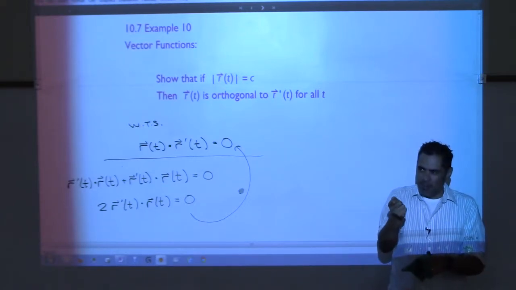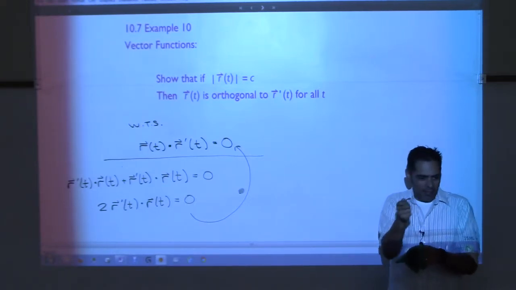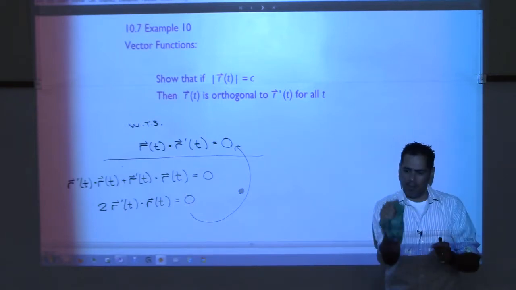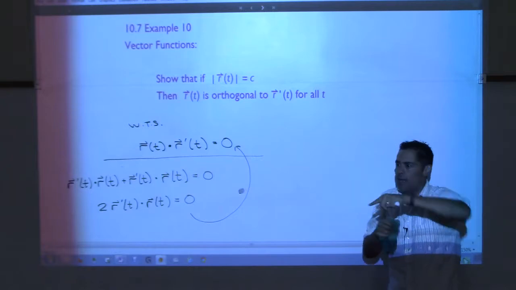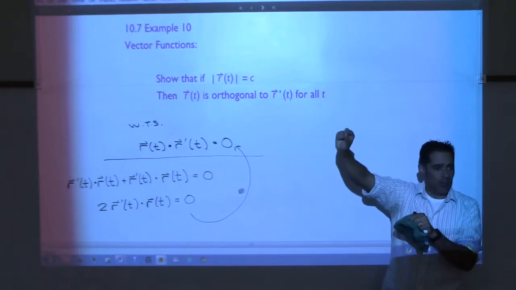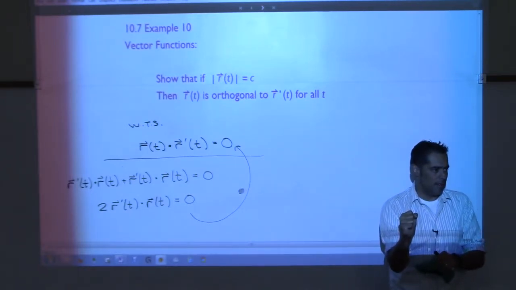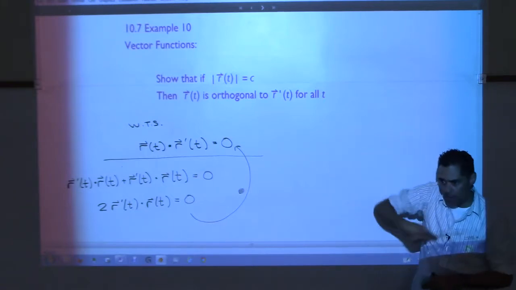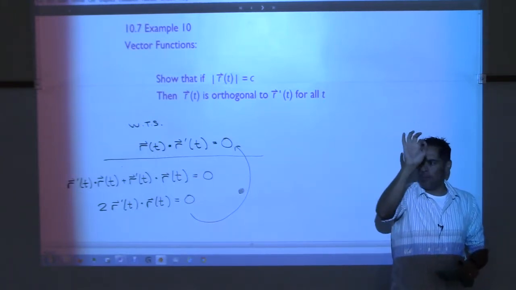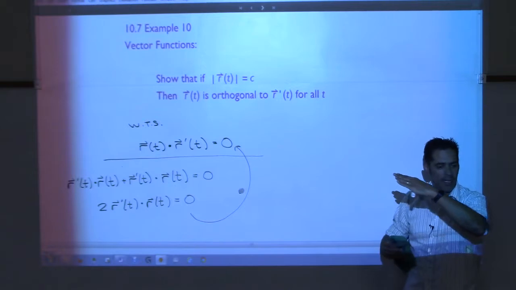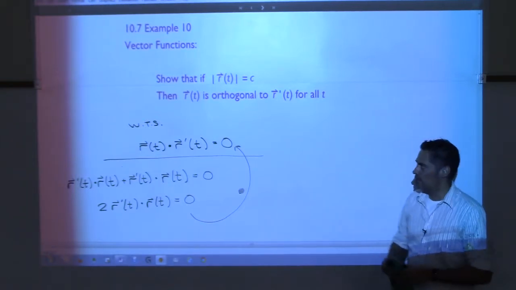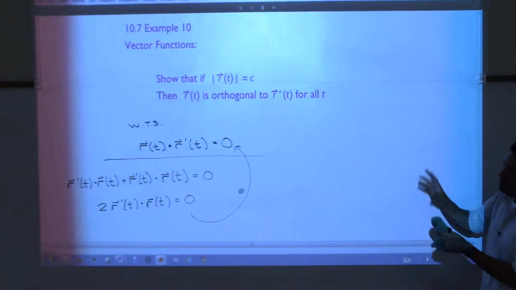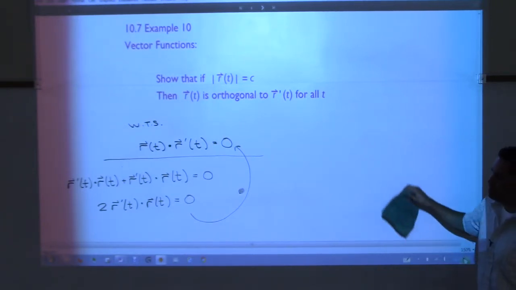Now, I can't move this hand, but imagine I could somehow swing it so the ball's moving around, my hand just fixed, rotating. The ball is always the same distance from my hand, right? No matter the path of the ball, if at any point you pull that tangent vector off, it's going to be orthogonal to my string. That's what this theorem is saying.